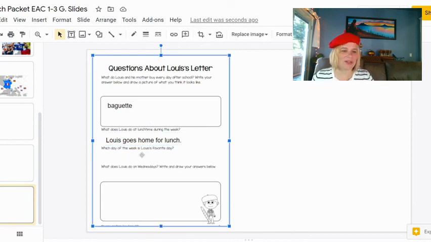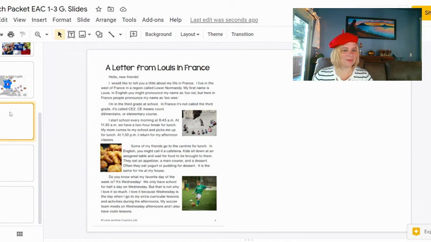Which day of the week is Louie's favorite day? Do you remember? Right down here we can find it on the first page of his letter. Do you know what my favorite day of the week is? It's Wednesday. We only have school for half a day on Wednesday, but that is not why I love it so much. I love it because Wednesday is the day I go to my extracurricular lessons and activities during the afternoons.